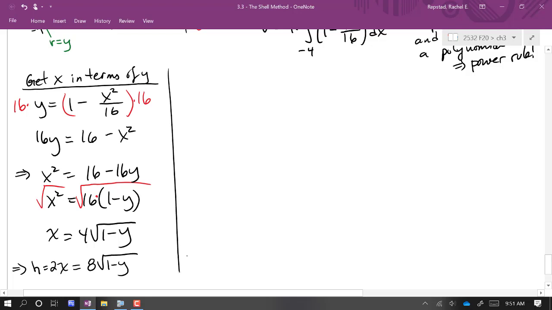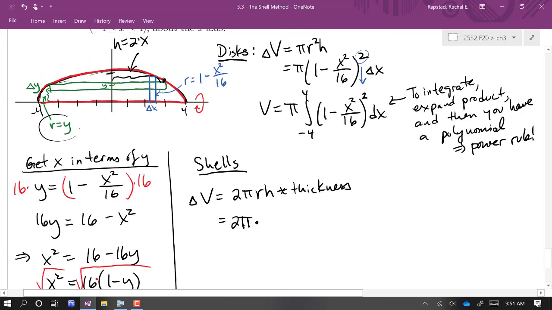So for shells, the volume of a sample shell is 2 pi r h times thickness, and that is 2 pi times the radius, that was equal to y.